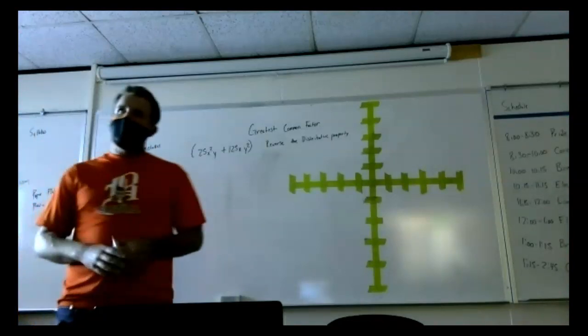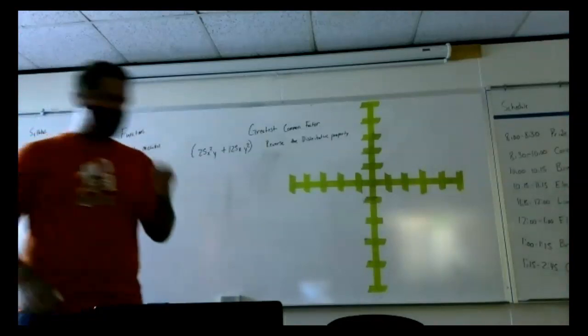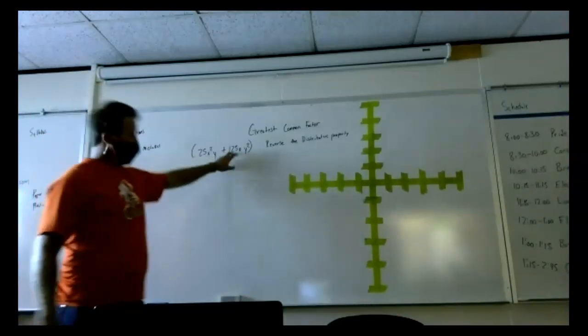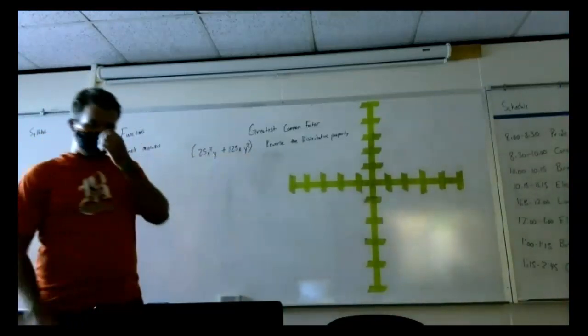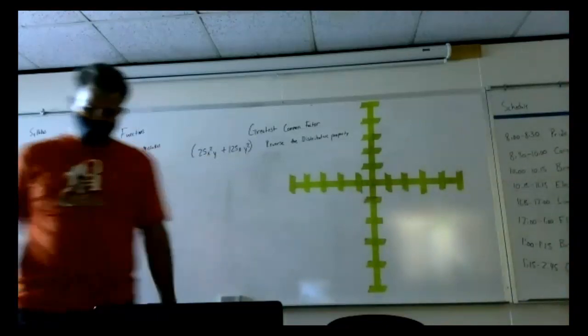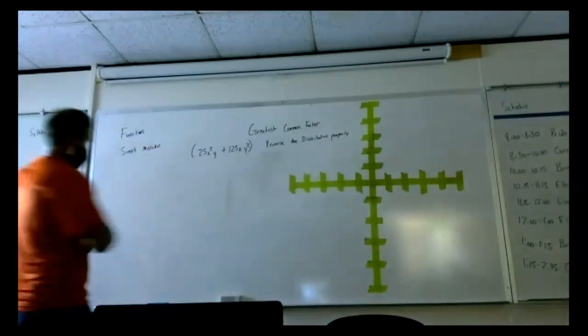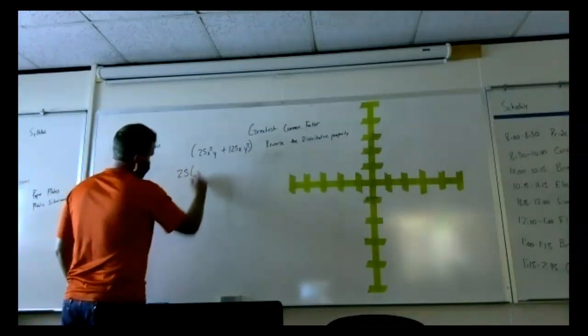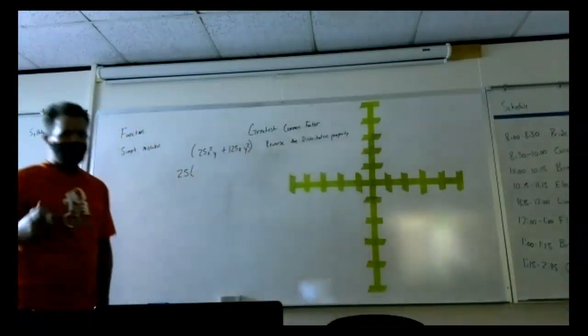Off the top of my head, I can think of 25. It'll be multiplied by 1 to equal 25, and then 125 divided by 25 is 5. So I know I want to take a 25 out, looking for the greatest common factor. But now we have to talk about variables.